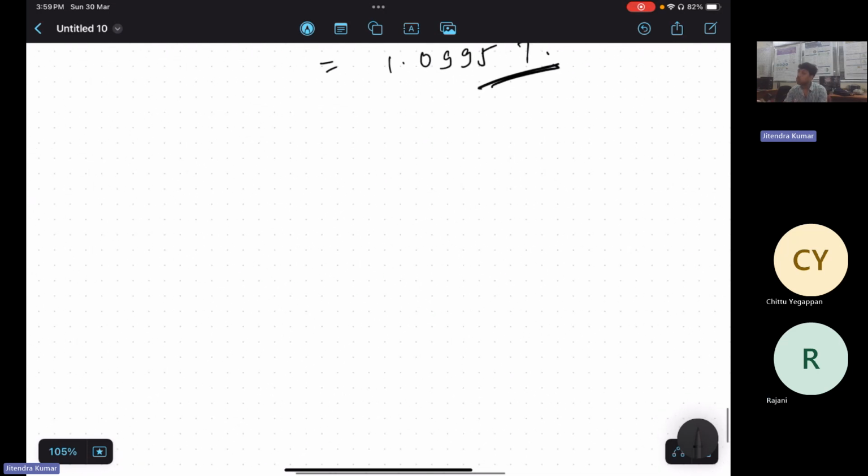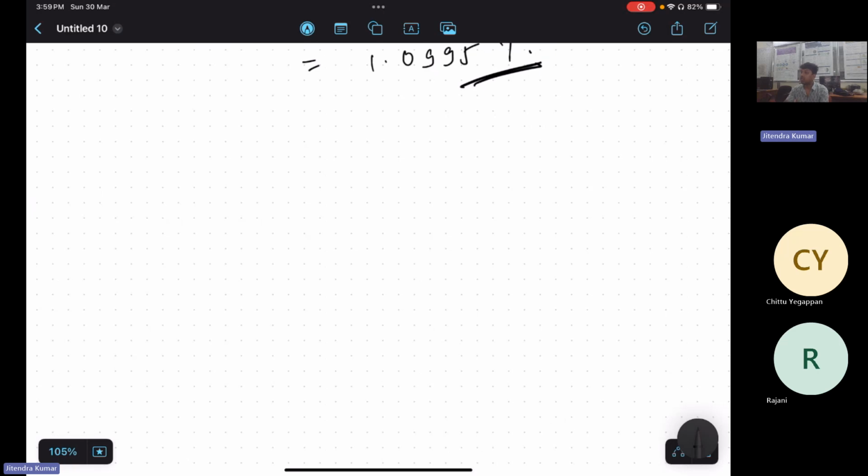Now coming to Chittu's problem, which was the stator pole height, the last one. So how did you calculate it, Chittu? Question 10. Yes, sir. How did you calculate the stator pole height?